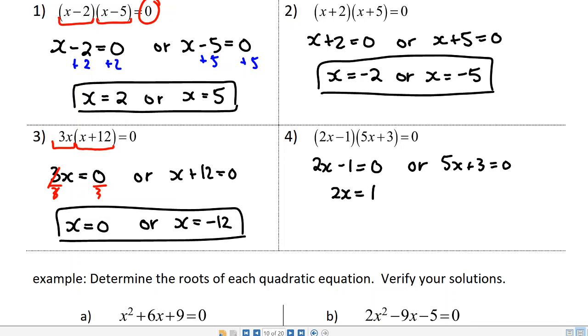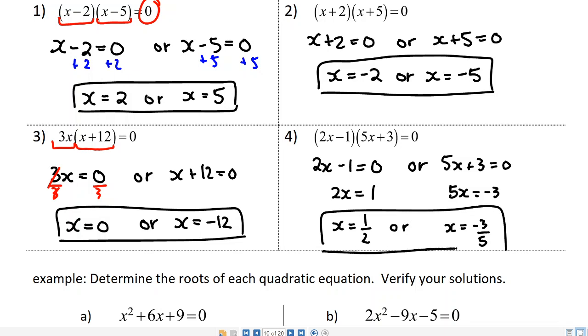So 2x is equal to 1, which means x would be 1/2, or we end up with 5x is equal to negative 3, which means x is negative 3 over 5. So we could end up with fractional answers as well, which is totally fine.